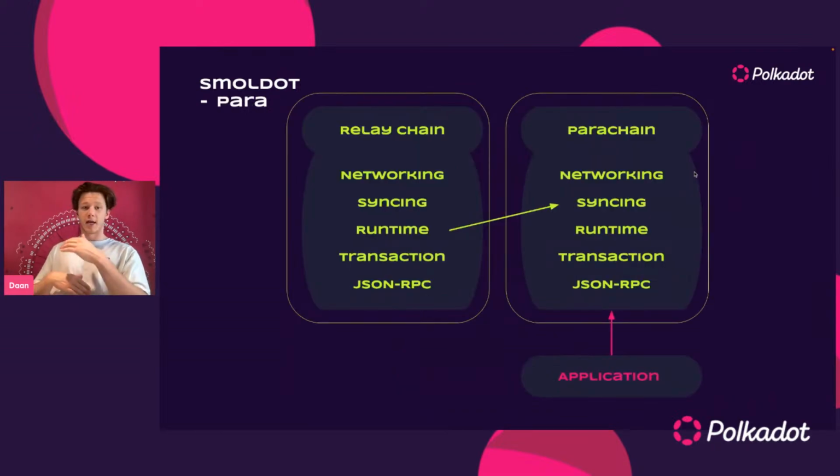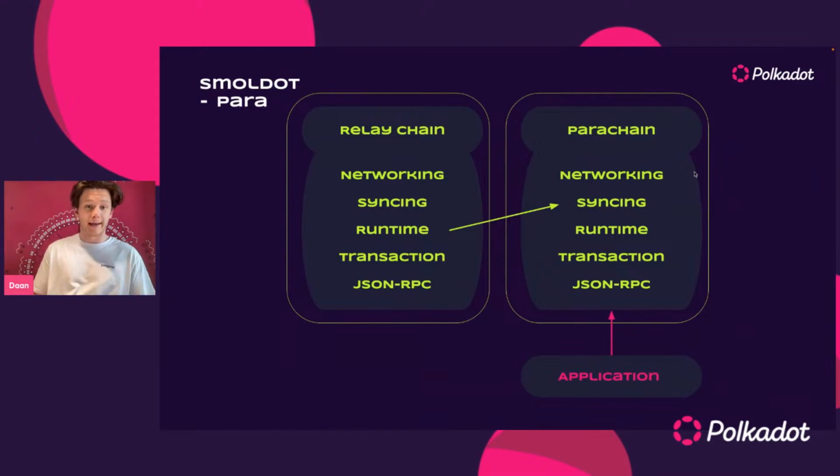Because again, in order to be able to verify a parachain header, it is all determined on the relay chain. So we need to synchronize with the relay chain. We need to be able to sync with them. We need the runtime of the relay chain.